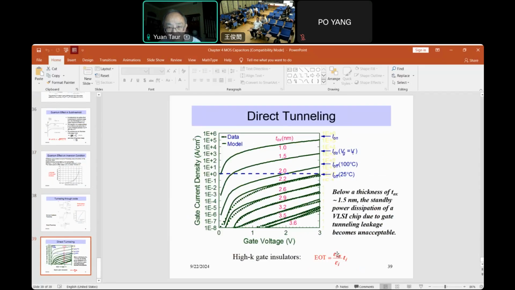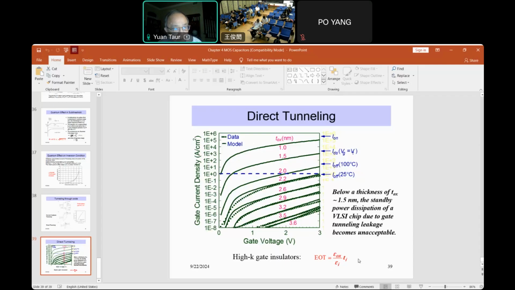Epsilon oxide is 3.9 times epsilon 0, and high-K can be something like 20 times epsilon 0. So this can be 1 over 5. So even though the high-K's physical thickness is above 2 nanometers, the equivalent oxide thickness becomes sub-nanometer because of this effect. This, of course, is the reason that the industry switched to high-K gate insulator for the last 15 years or so.